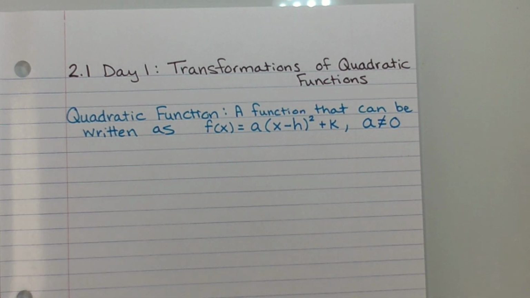Because if a is 0, then the x's cancel out, the squareds cancel out, it just becomes a constant function.